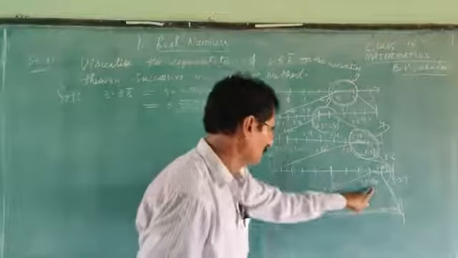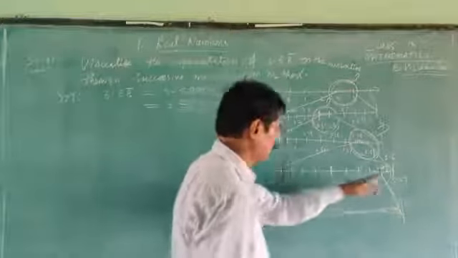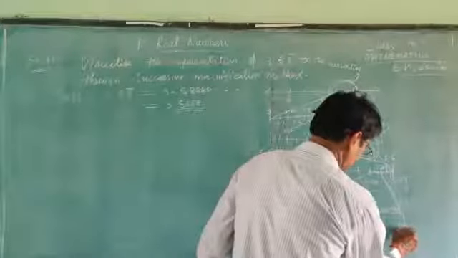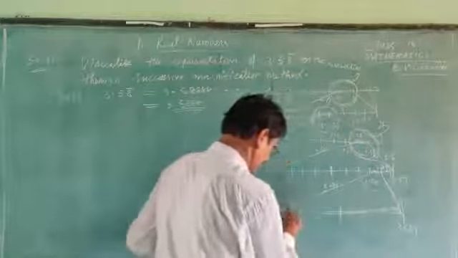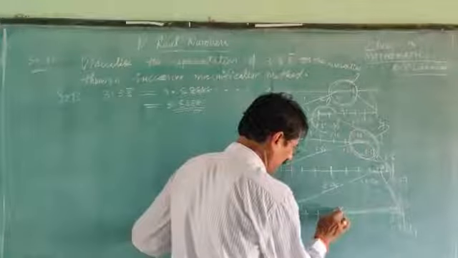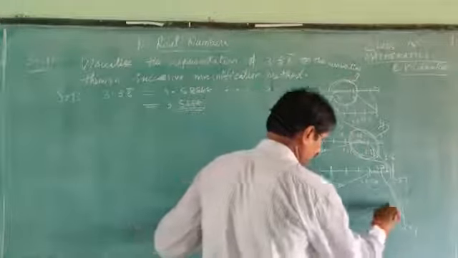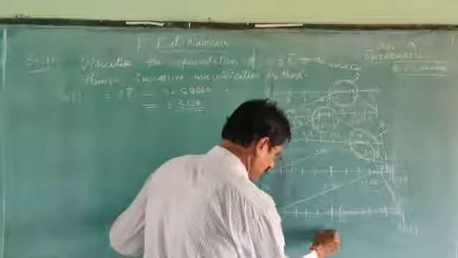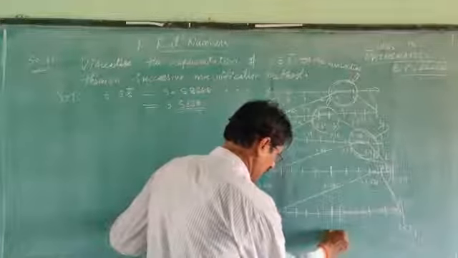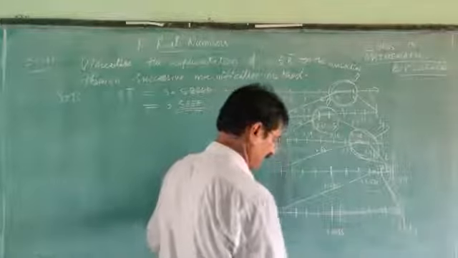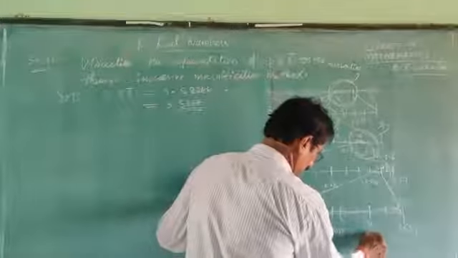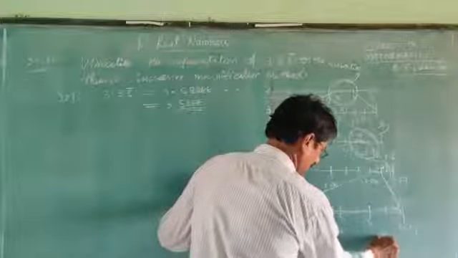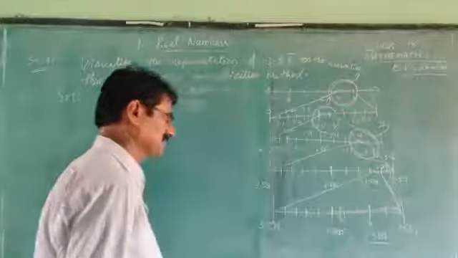This one, 3.58 came here, and 3.589. 1, 2, 3, 4, 5, 6, 7, 8, 9. It is 3.5885, 6, 7, 8. It is our answer: 3.5888, up to 4 decimals.